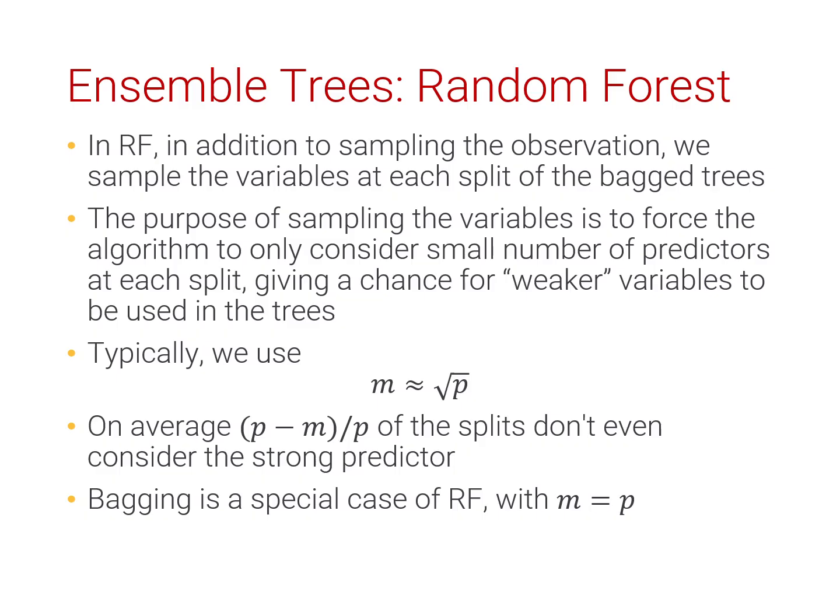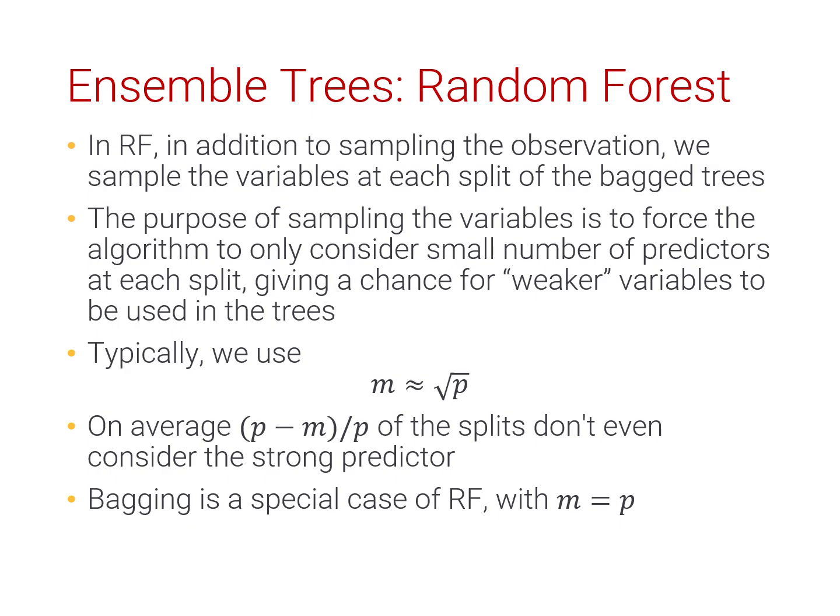In conclusion, random forest is a powerful extension of bagging that introduces an additional layer of randomness in the variable selection process. By sampling both observations and variables at each split, random forest creates a diverse and robust ensemble of trees that can capture complex patterns and relationships in the data.